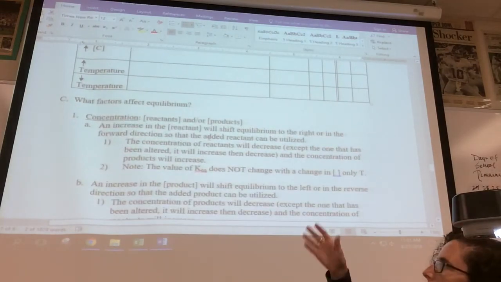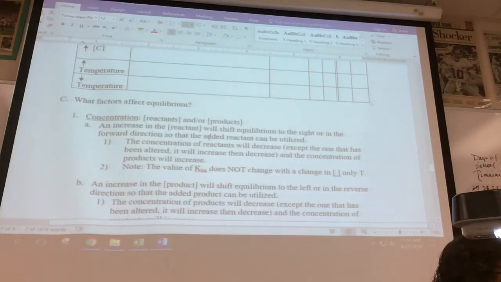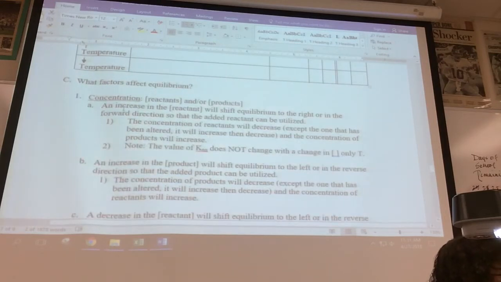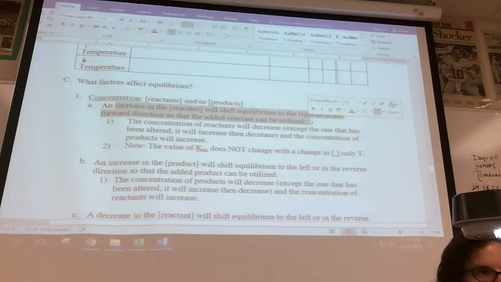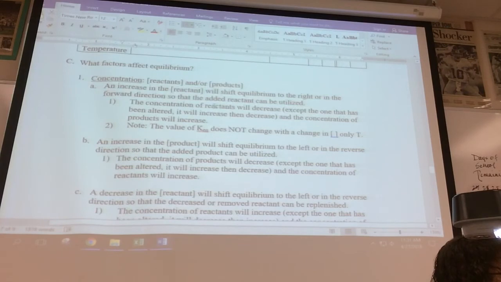Now in your notes, this is all written out in excruciating detail. Again, if you increase reactant concentration, equilibrium shifts in the forward direction, so that particular added reactant can be utilized. Specify which reactant was added. Anytime you shift in the forward direction, reactant concentration will decrease, product concentration will increase.